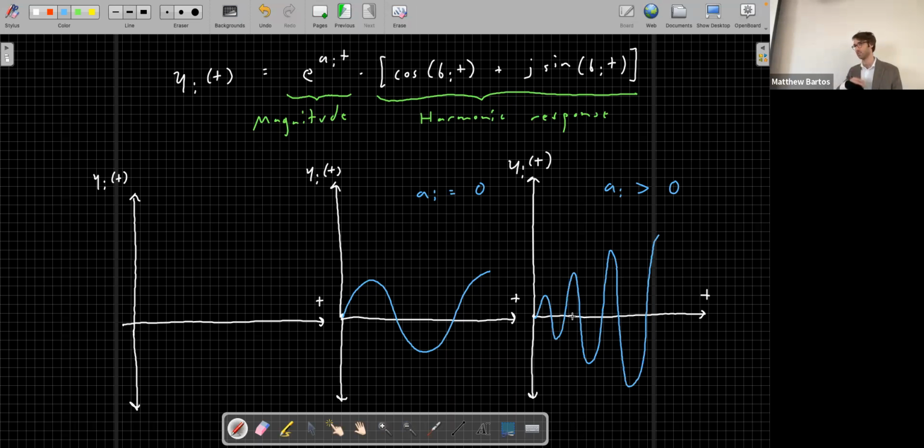So you'll get exponential growth with oscillation. And if AI is less than 0, you can see where the pattern is going, but let's just say it. What happens when AI is less than 0? Yeah, you'll get an oscillatory response with decay. Very good.